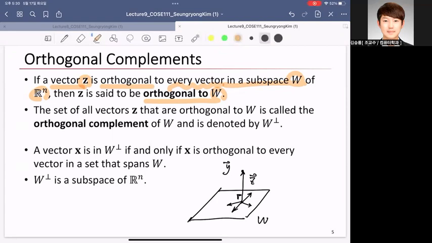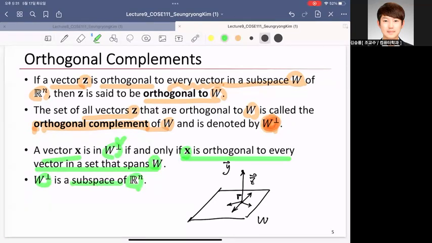Then the set of all vectors Z that are orthogonal to W is called the orthogonal complement of W, denoted W perp. 그렇죠? Orthogonal complement of W. A vector X is in W perp if and only if X is orthogonal to every vector in the set that spans W, and the orthogonal complement of W is a subspace of Rn space.